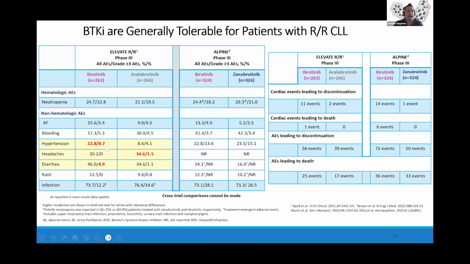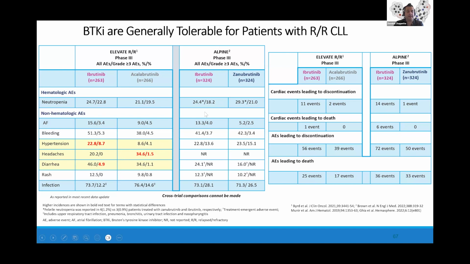There were fewer hypertensive events and less grade 3 or higher diarrhea, but there were more headaches. Acalabrutinib does penetrate the blood-brain barrier more, which is an explanation for the headaches.